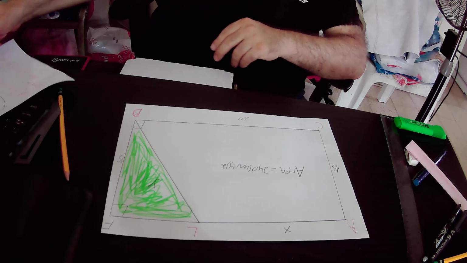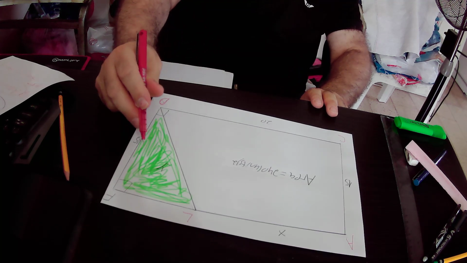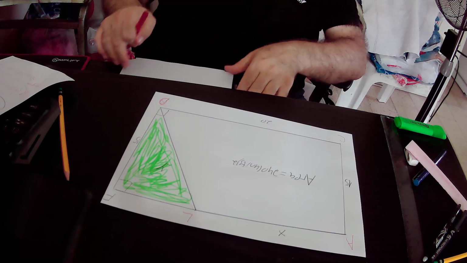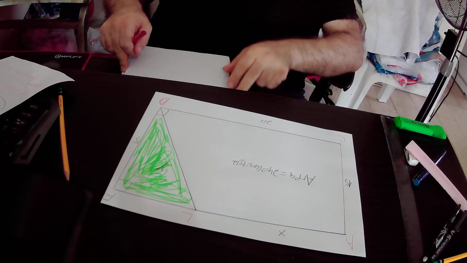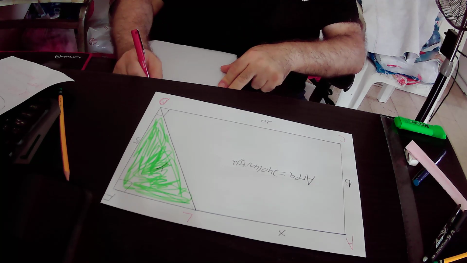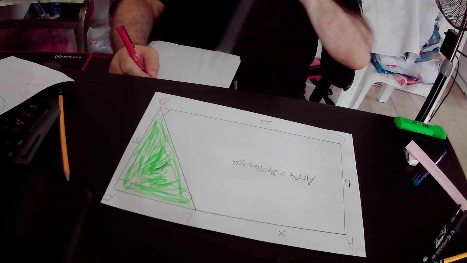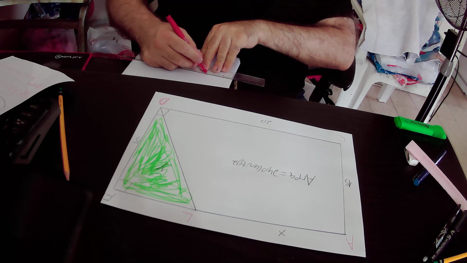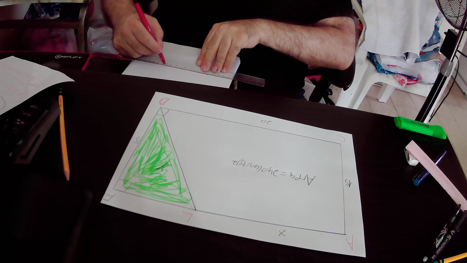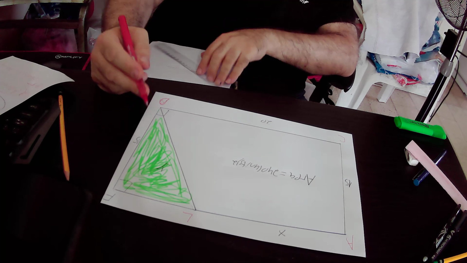So I will draw again the right green triangle LFD. We know that the area of the right green triangle equals 60 units squared.